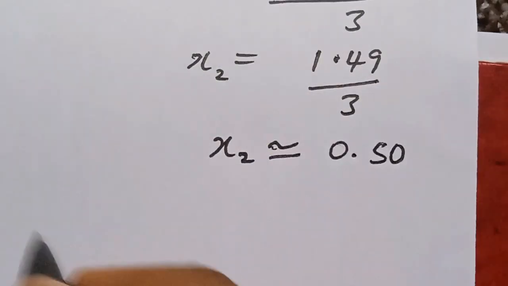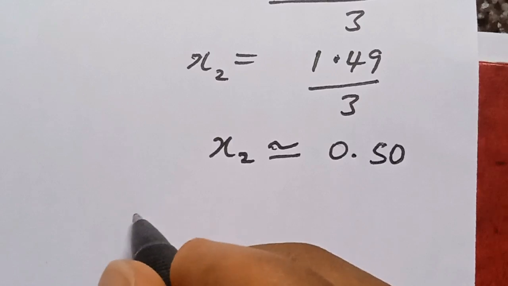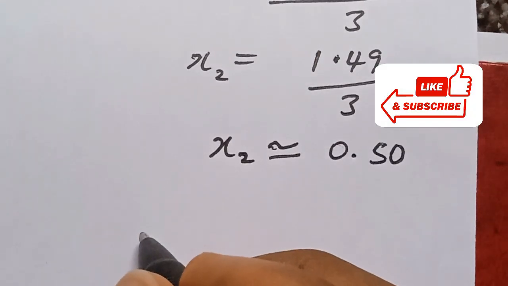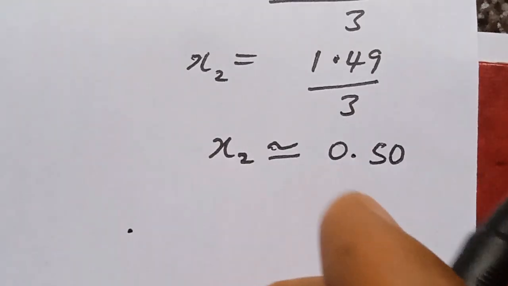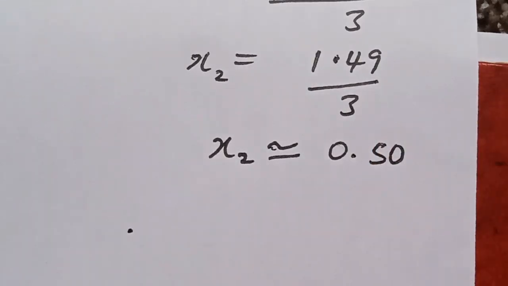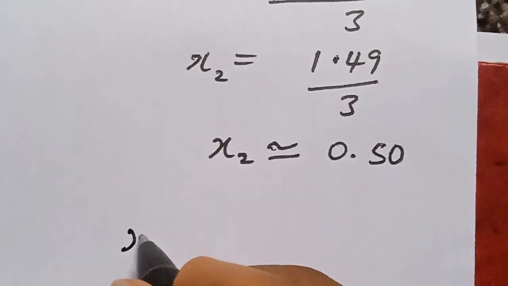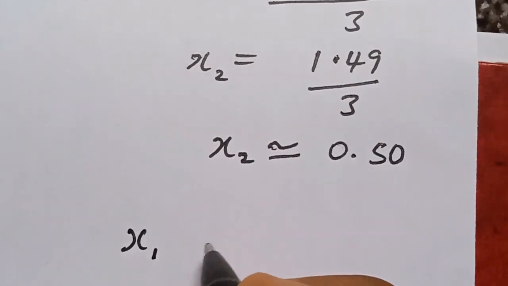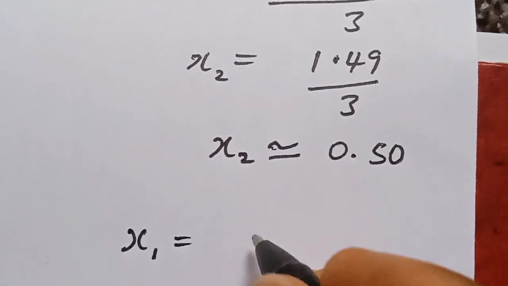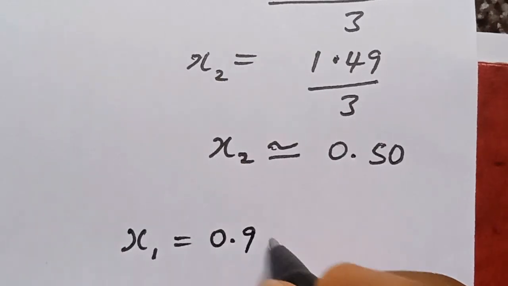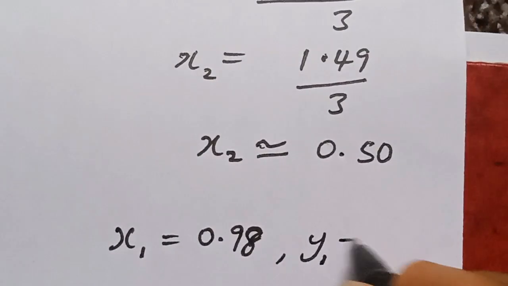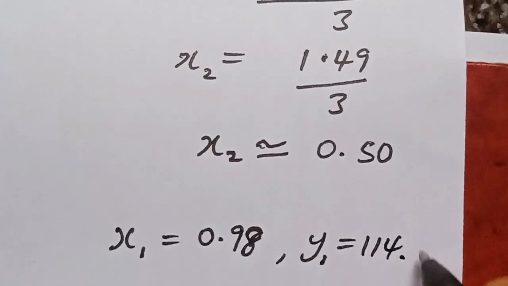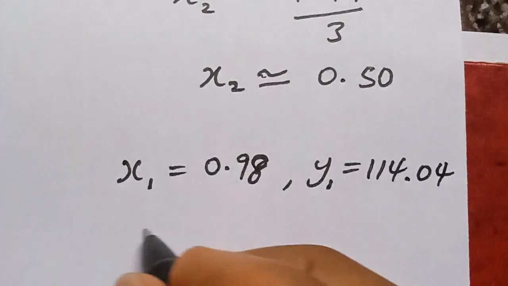Which means overall, in general, our value of x is 2 values, and our value of y is also given as 2 values. So x1 equals 0.98 is when our value of y1 equals 114.04.